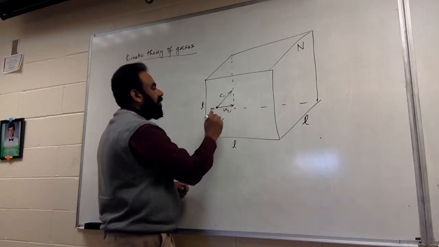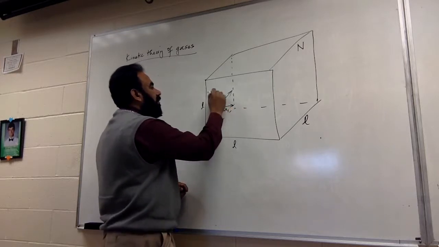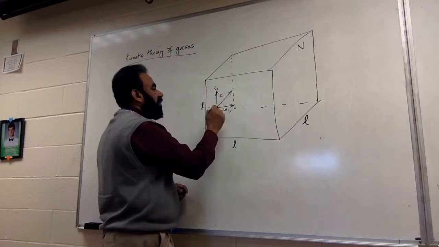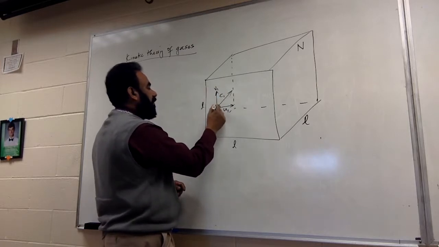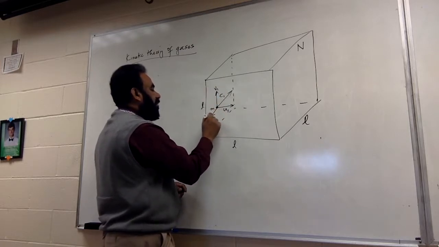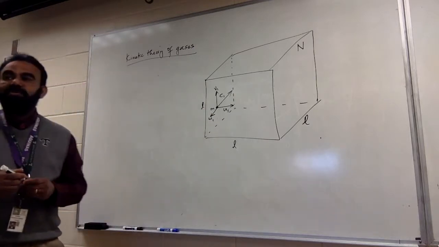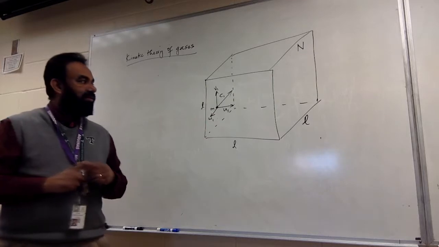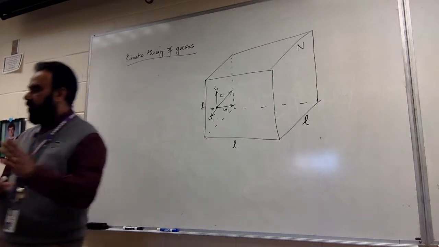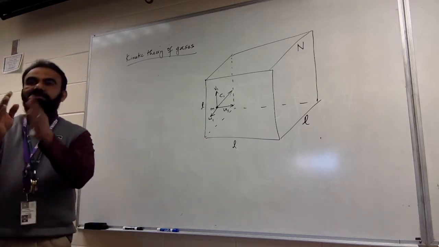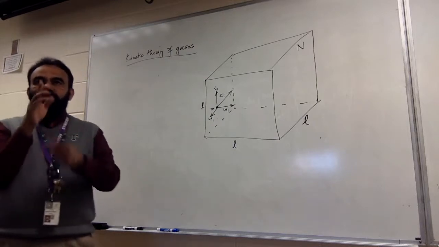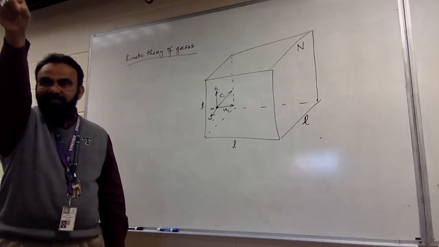U1, V1, and W1. Those are three components. Imagine this is the room, and here's a molecule going like that.